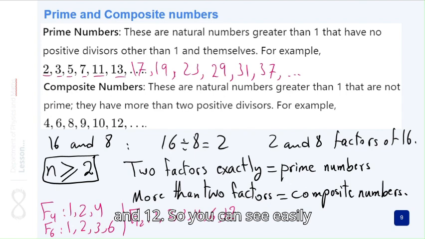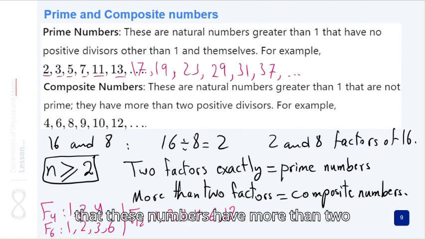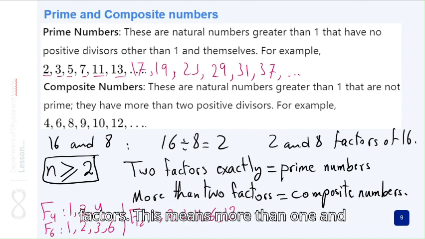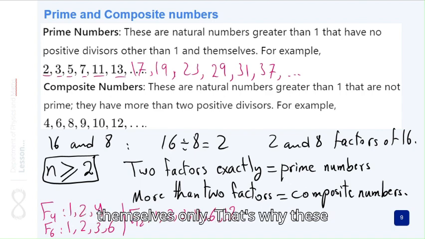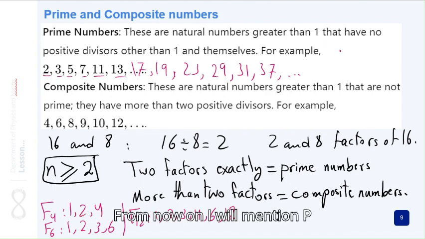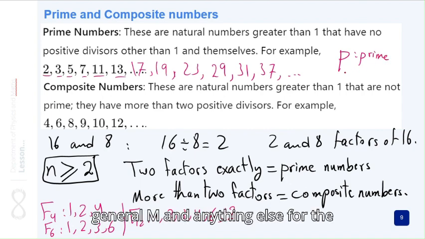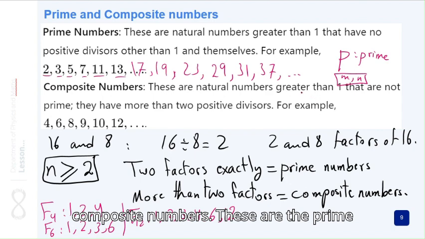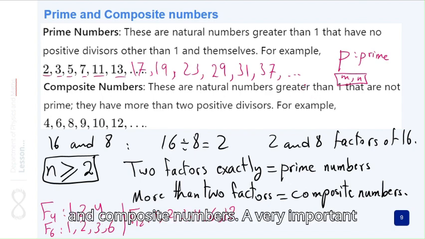So you can see easily that these numbers have more than 2 factors. This means more than 1 and themselves only. That's why these numbers are called composite numbers. From now on, I will mention P for the prime, and in general M and anything else for the composite numbers. These are the prime and composite numbers.